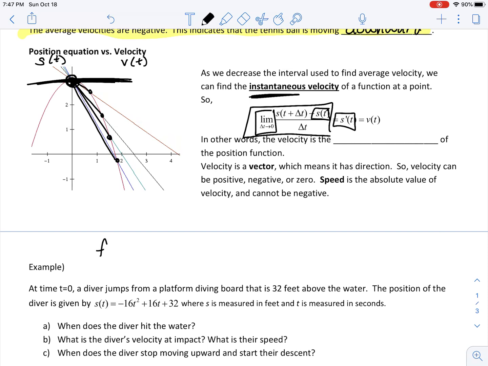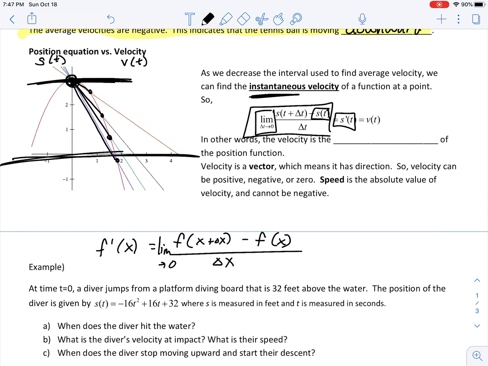All right, so that's the same thing as f prime of x equals f of x plus h minus f of x, all over h, but take the limit of that as h goes to 0. If we swap out h for change in x, which just means the change in whatever this axis is, how far the points are away from each other, we want the change in x to go to 0.